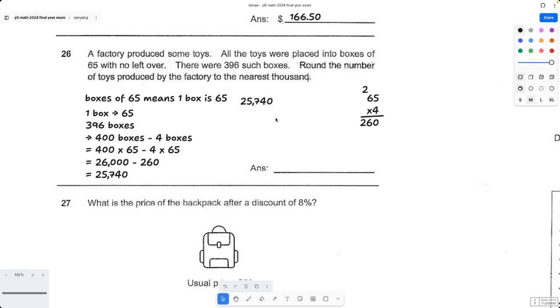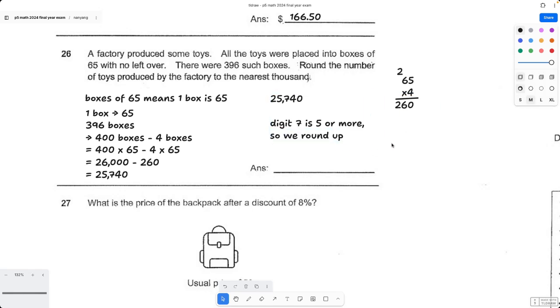Then nearest thousand, the digit 7 is 5 or more, so we round up. In this case, digit 7 is higher, so it becomes 26,000. So the answer to this is 26,000.